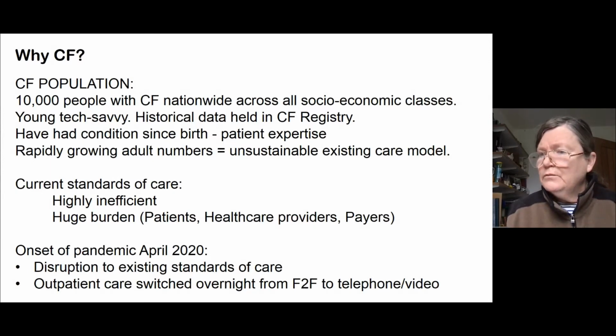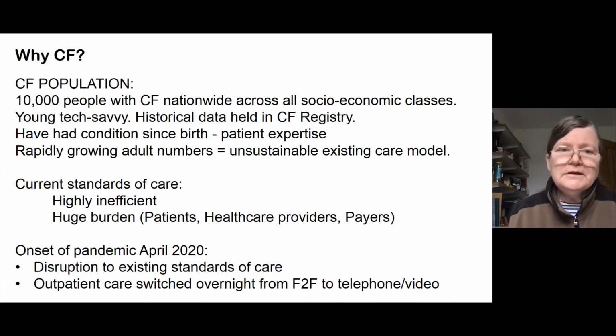The way this is managed is through people attending the CF centre every 6 to 8 weeks, whether they are well or not. This is effectively to establish when an exacerbation is happening and to treat that exacerbation. This in itself creates problems, and we developed a system to try to address this.